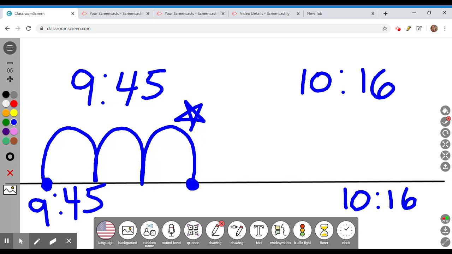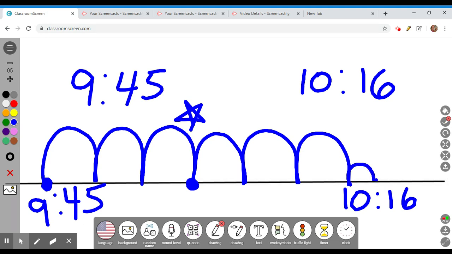We'll continue to count our 5-minute increments. Remember, after 10 would be 10:05, 10:10, 10:15, and of course another hill would take us to 10:20, which is too much. So instead I'm going to take one stone to get to 10:16, and we did land right there where we wanted to be.